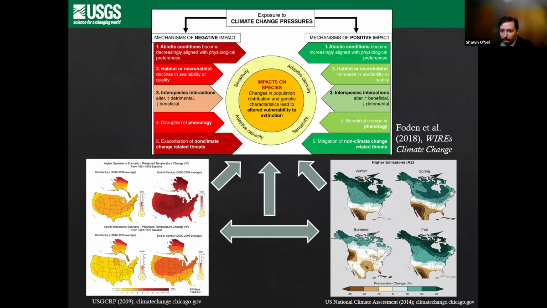I don't necessarily have time to talk through each of the potential mechanisms described in that top image, but it's worth keeping in mind that the context we're working under is that climate change can affect any particular species positively or negatively, and there's a variety of mechanisms through which that can happen. All these relationships and pathways are very complex. So when we're looking at these results, keep in mind we're pretty certain that we can be uncertain about what's actually going to happen in the future.